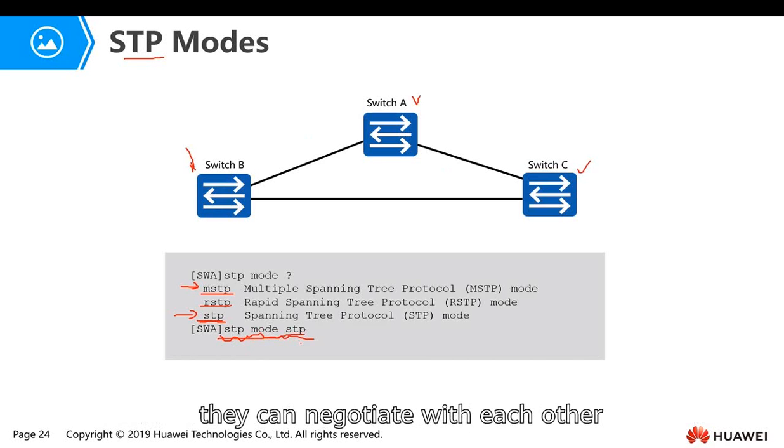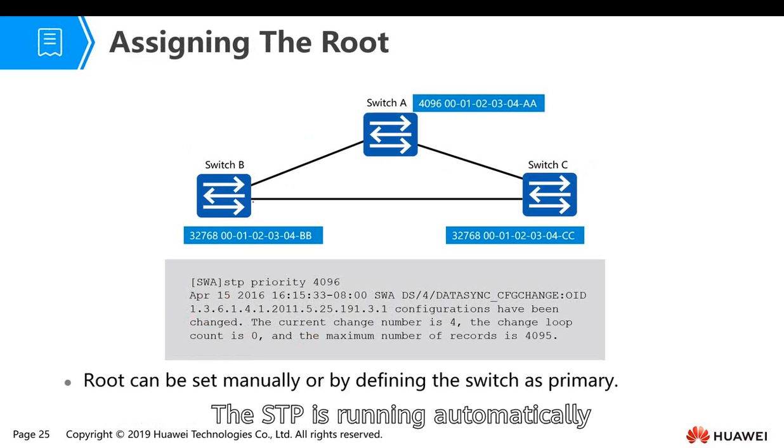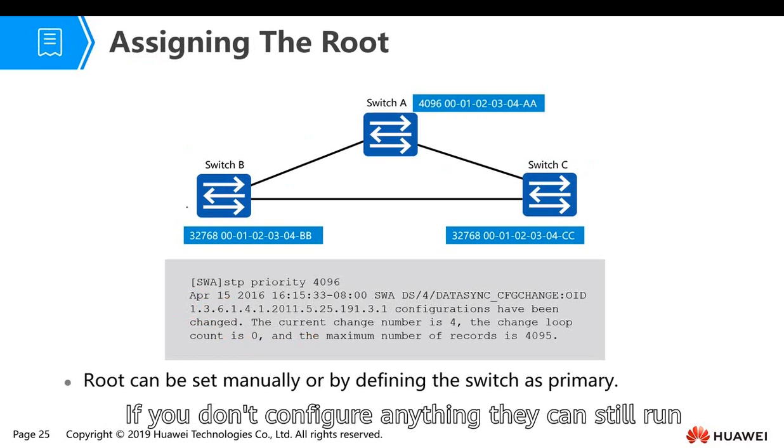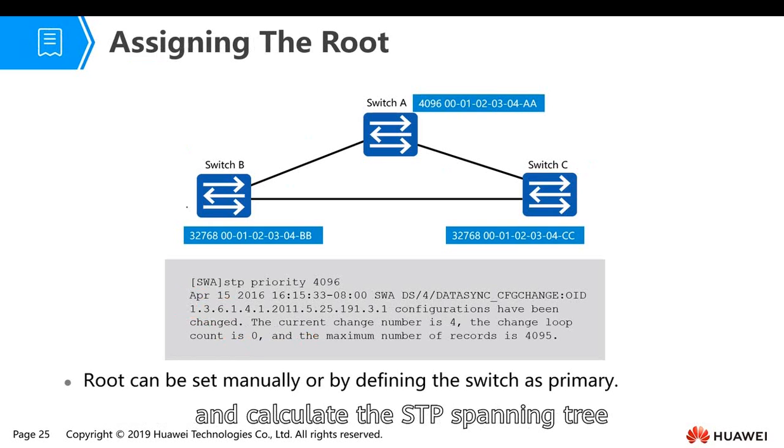They can negotiate with each other. This is the STP mode. Then the STP runs automatically. If you do not configure anything, they can still run and calculate the STP spanning tree.